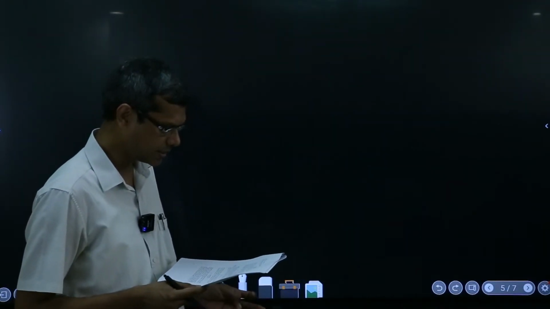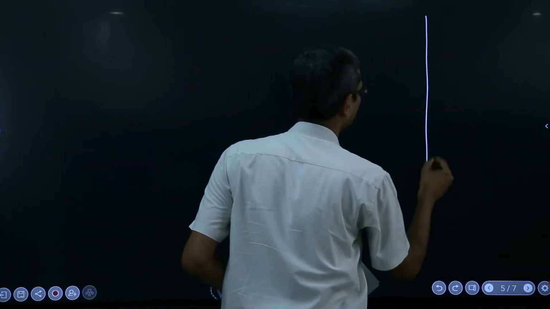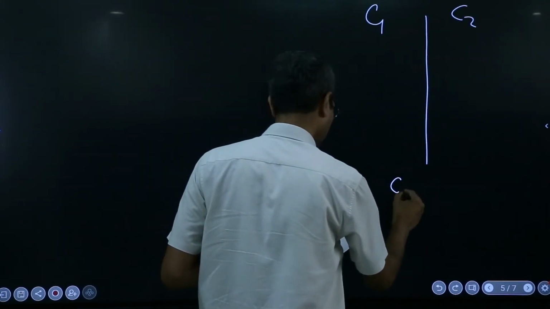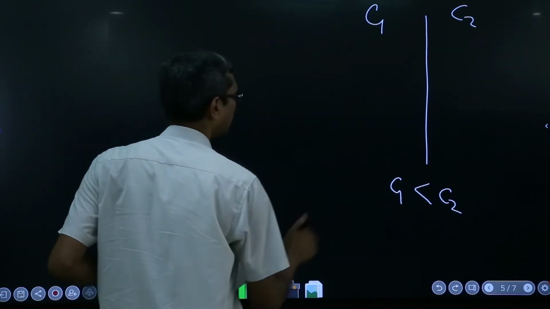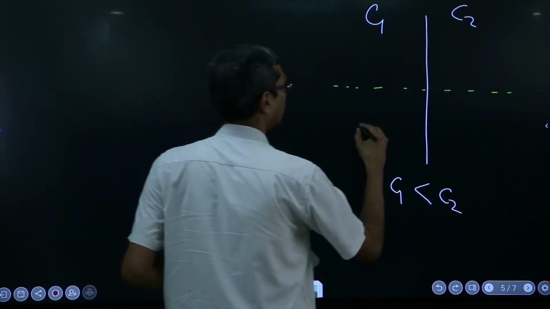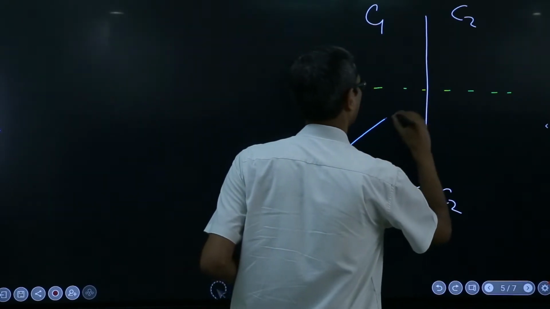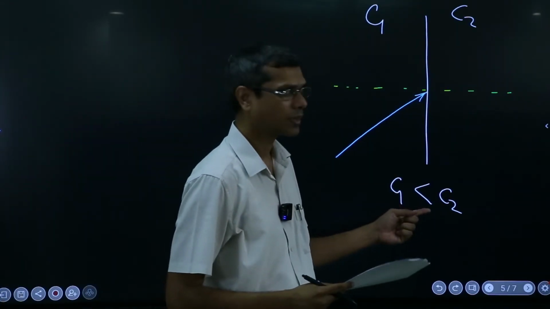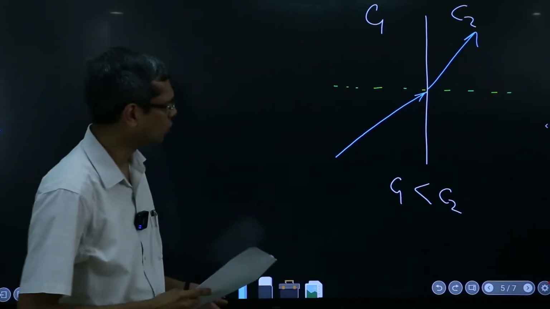The other one is, suppose you have C1 and C2, and assume that C1 is less than C2. Then what will happen if a wave comes in? In which direction will it go? It will bend like this, because C2 is more.